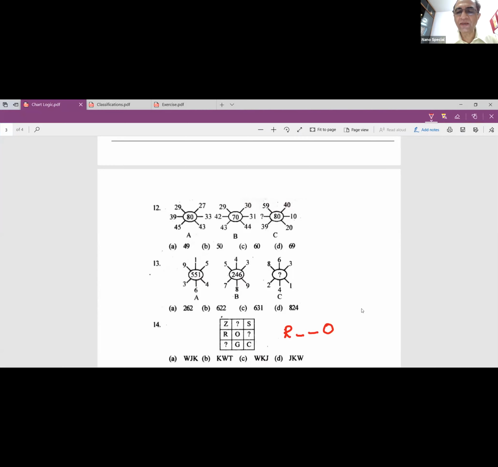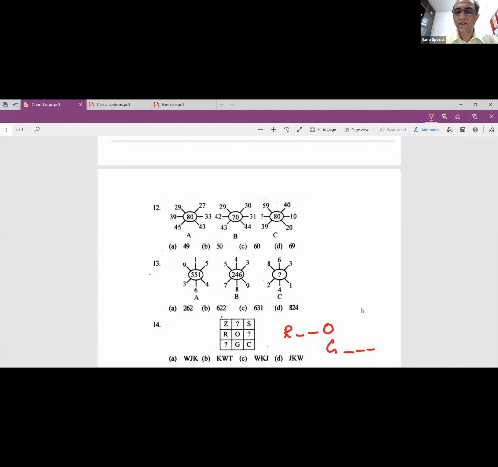Similarly, if you look at G and C, between G and C there is a 3-letter gap.